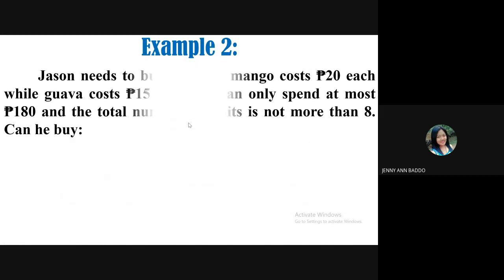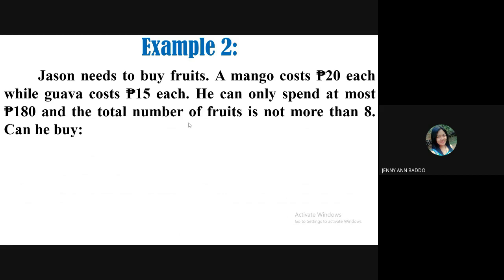Another example, Jason needs to buy fruits. A mango costs 20 pesos each, while guava costs 15 pesos each. He can only spend at most 180 pesos and the total number of fruits is not more than 8.